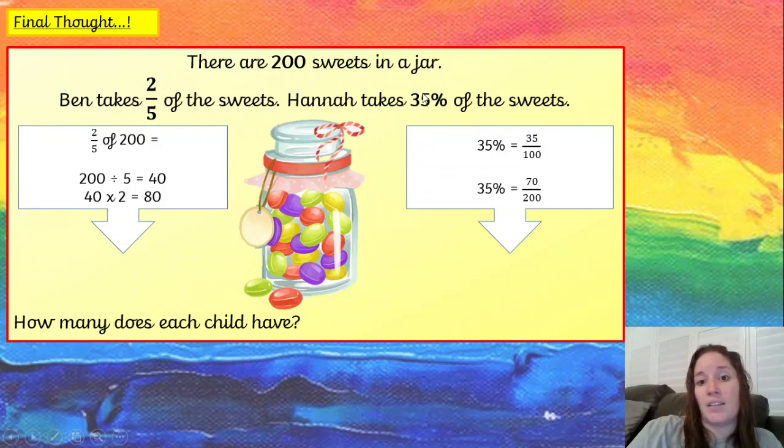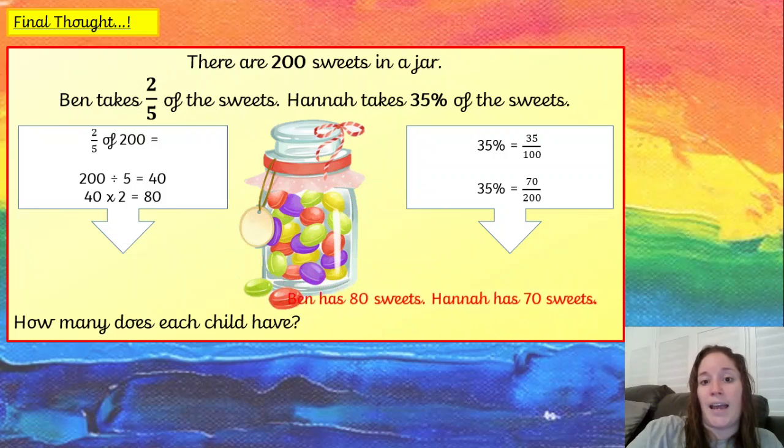So 35% is 35 out of 100. But because we've got 200 sweets, we need to double that. If we double the numerator and the denominator, it gives us 70 out of 200. So how many sweets did Hannah have? Hannah had 70 sweets.